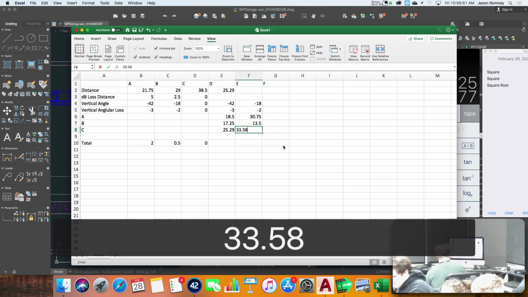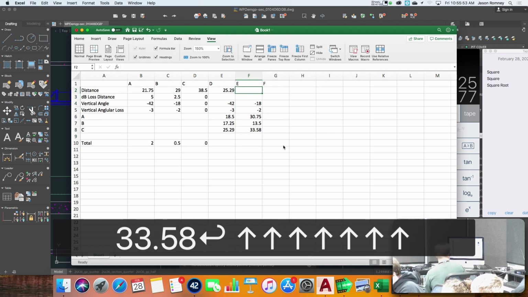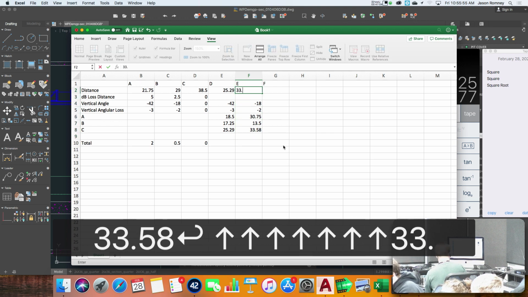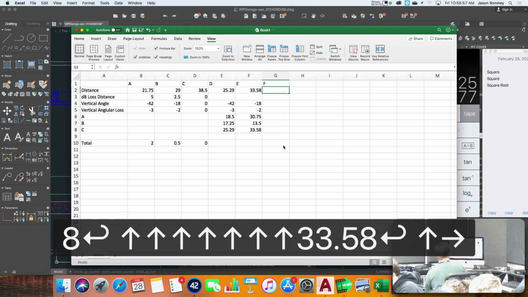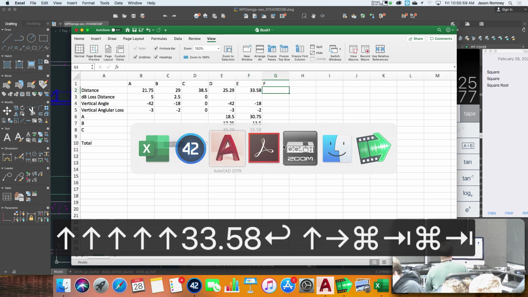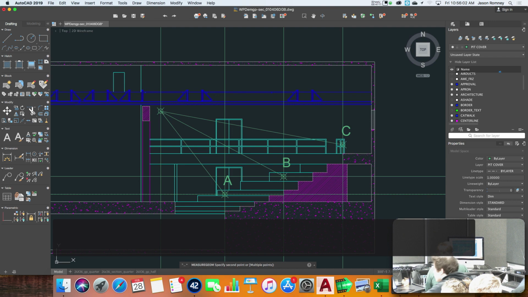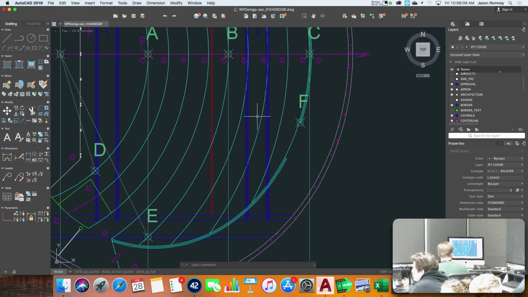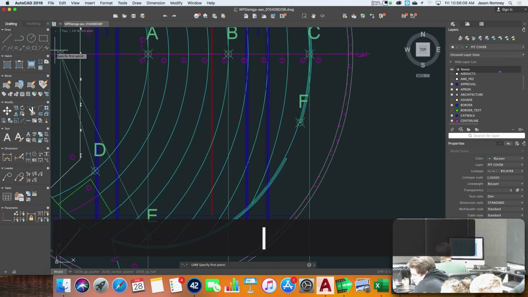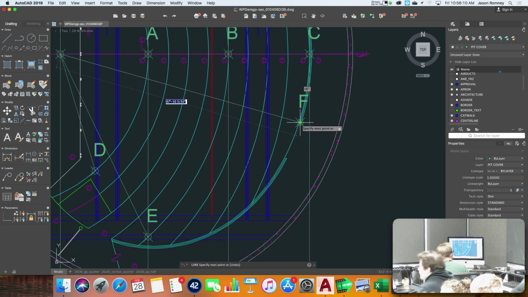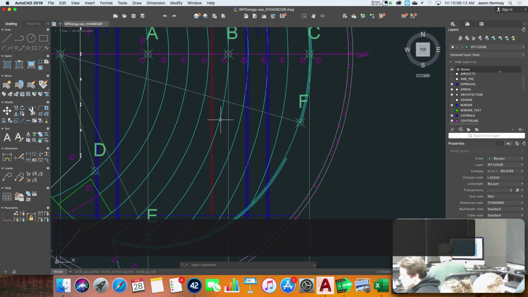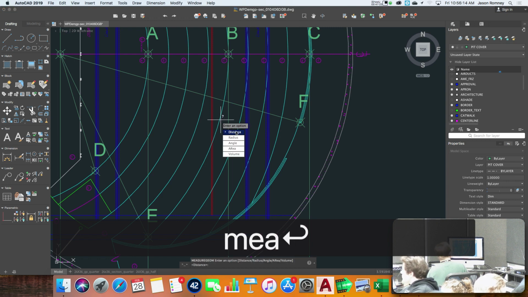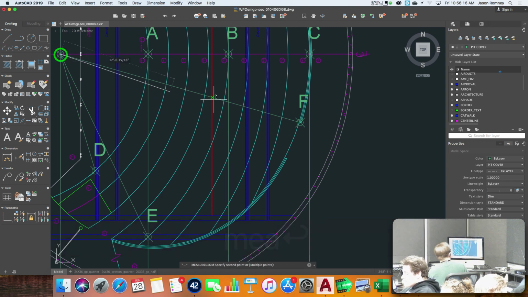Now what about the distance to F? Well, let's see. Let me draw a line first. And then let's measure that. 37 foot 10 inches. I'm going to call that 38 feet.